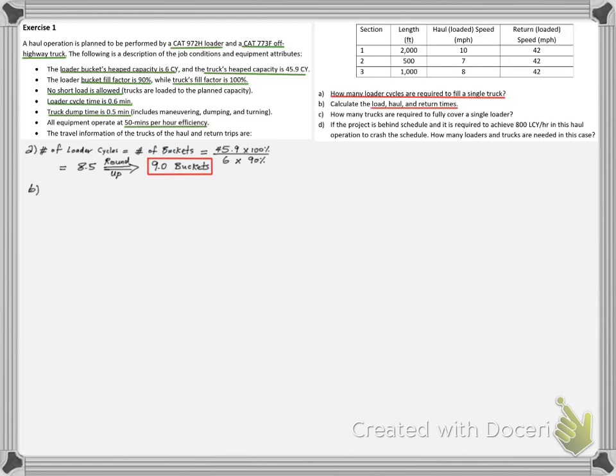In part B, I will show how to calculate the times in minutes of the main truck steps: loading, hauling, and returning. Load time is the total time needed to load 9 buckets in the truck.